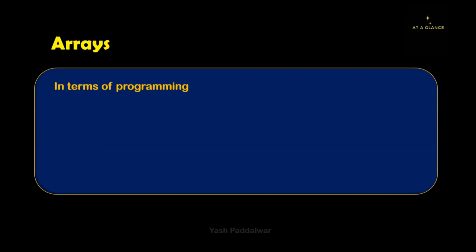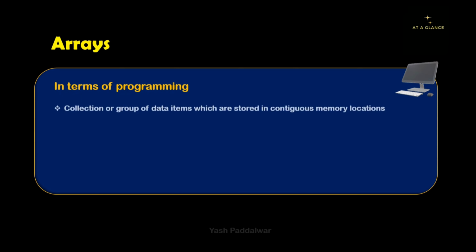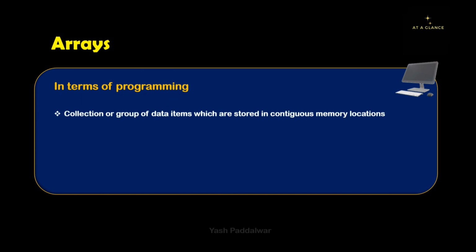Now let's understand the concept of arrays in terms of programming. Basically, an array is a collection or group of data items which are stored in contiguous memory locations. That means the data elements will be stored in a linear fashion, continuously, in adjacent memory locations.